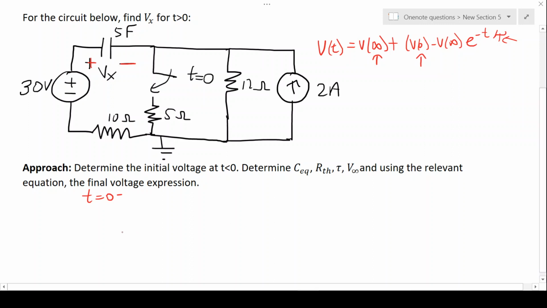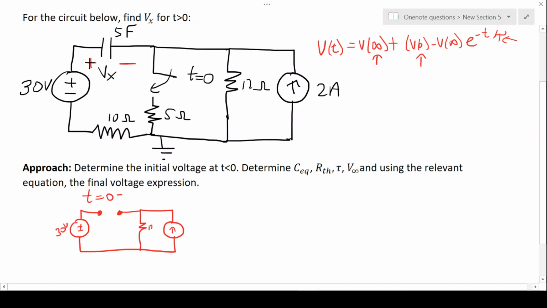So what will happen then? The capacitor we know will be an open circuit. The circuit will be open, and we will have the resistor and the current source. That will look like that.